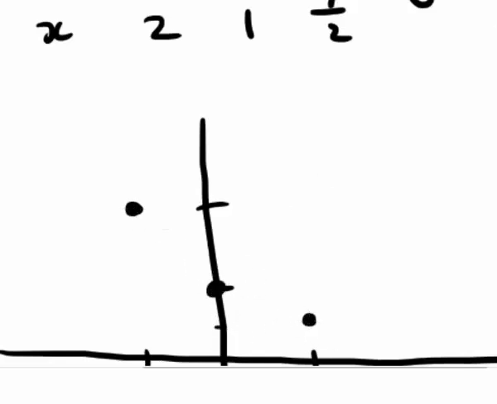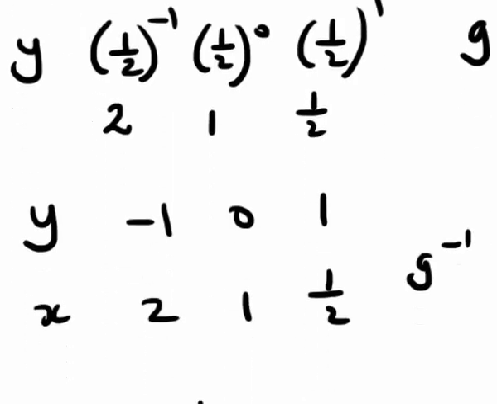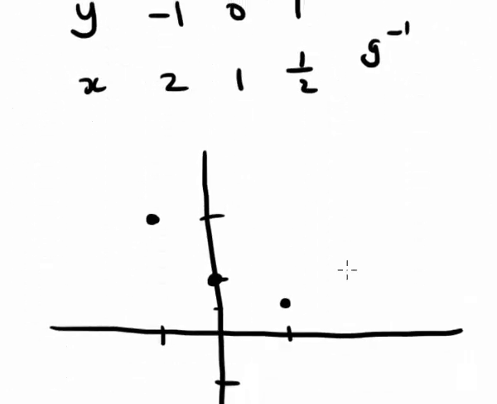Let's just check that quickly: -1, 2, 0, 1, and 1, a half. Now, if you interchange that, let's have a look at this graph. x is 2, y is -1. This graph, of course, goes like this. Let's bring it down. There we go. That's the graph of g.